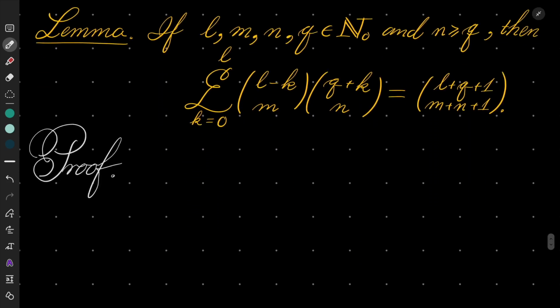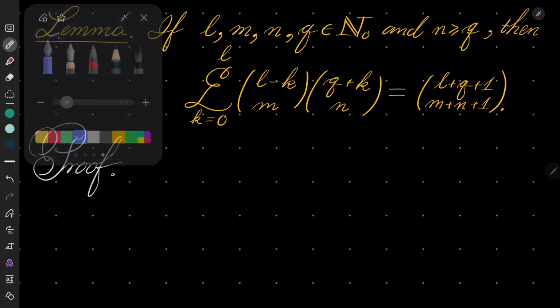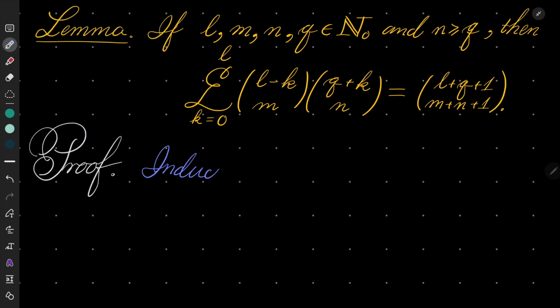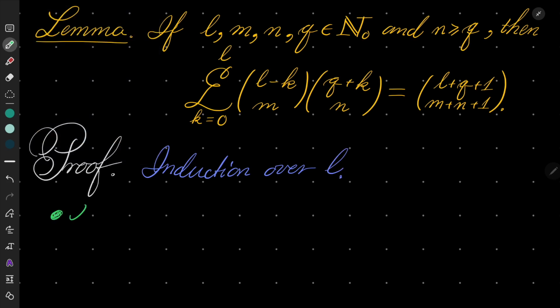Okay, so I have written my lemma again, and I will prove it by induction, but you will see that my proof will have 2 parts. I will use induction over the variable L, but I have to split my proof in 2 parts. First part will be when m equals 0.